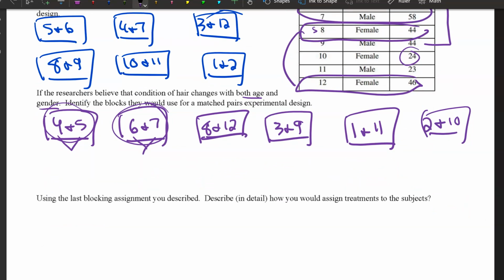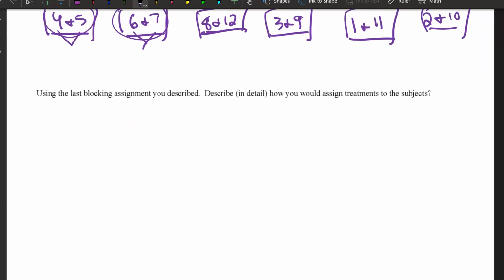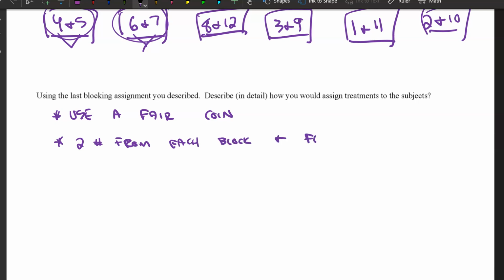Using the last blocking assignment, describe in detail how you would assign treatments to the subjects. So I would use a fair coin. I would take the two numbers from each block and flip a coin.